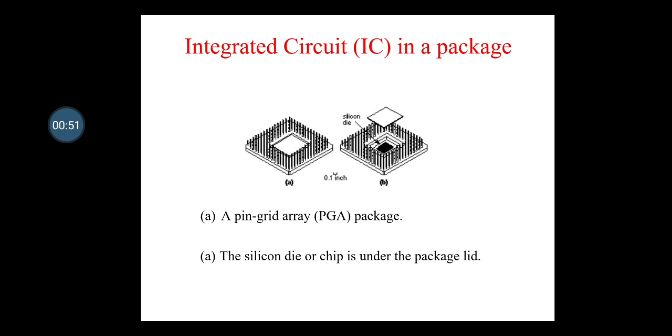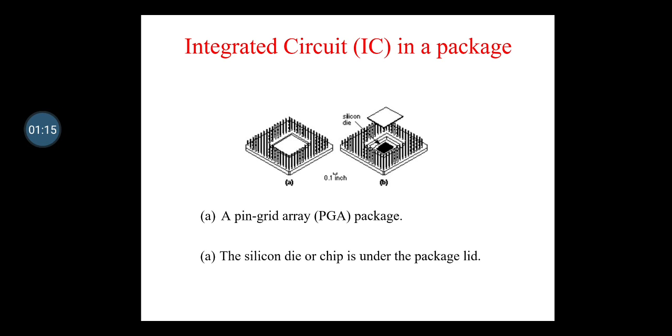Here you can see an integrated circuit package, one package type. The first one is a pin grid array package, and the second, the silicon die or chip, is under the package lead. Different types of packages are available for integrated circuits, as you know.